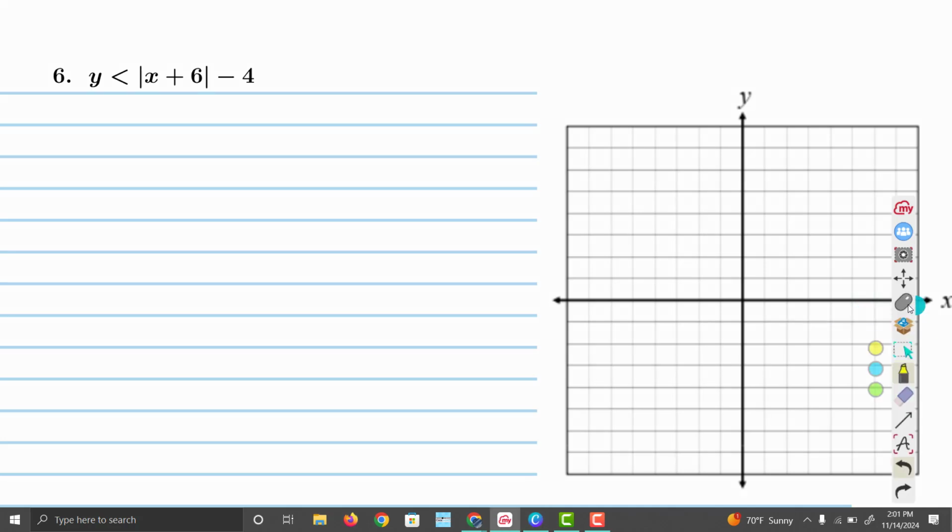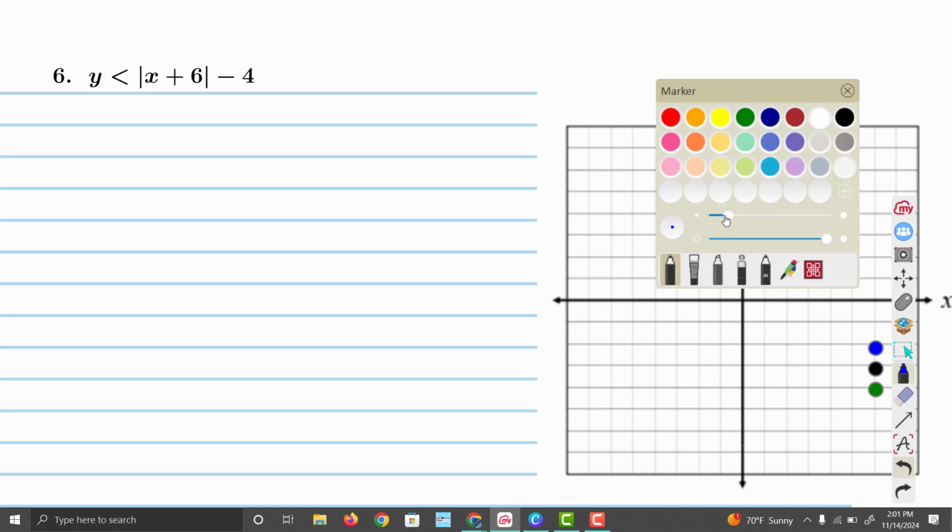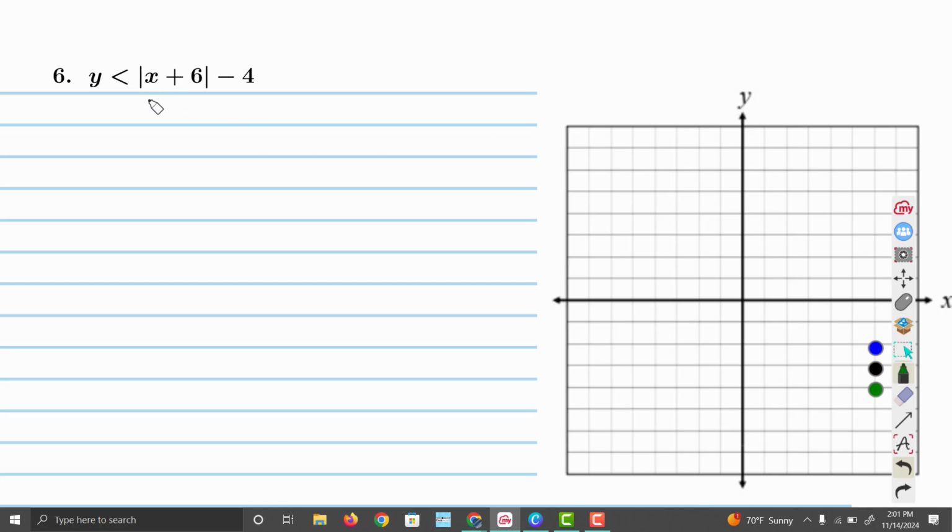So number 6, which is the last one we're going to graph in this section, is when I have my vertex, it's at negative 6, comma, negative 4. This line is going to be dashed. So at negative 6, negative 4, put a circle.